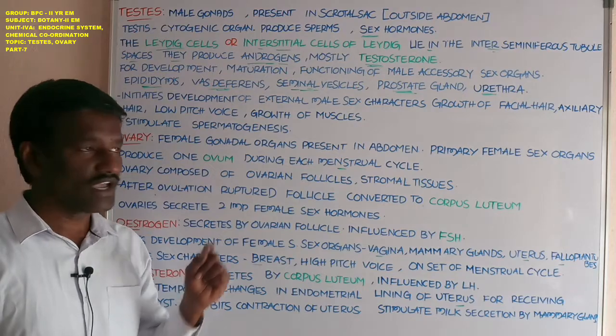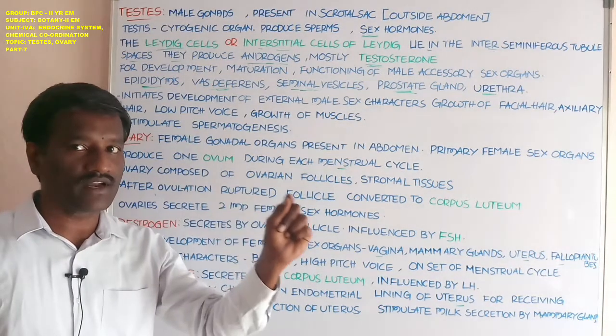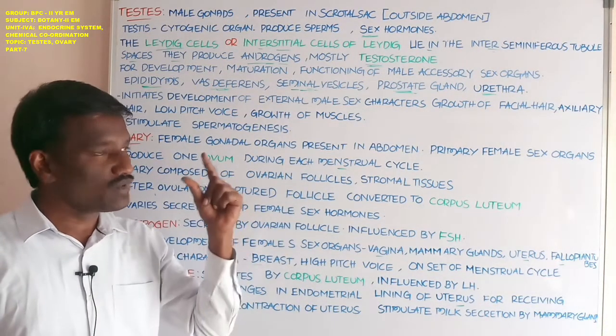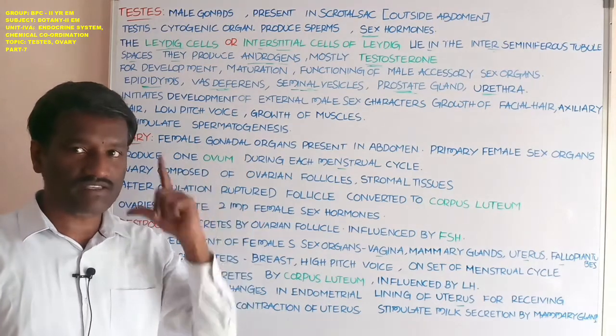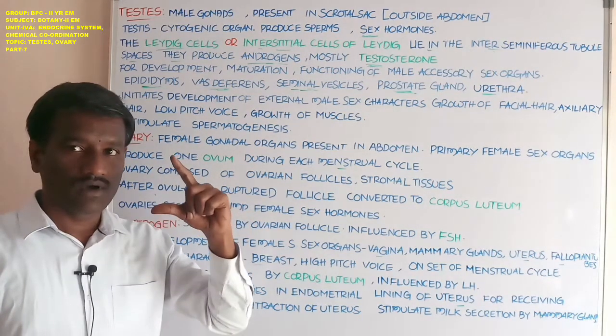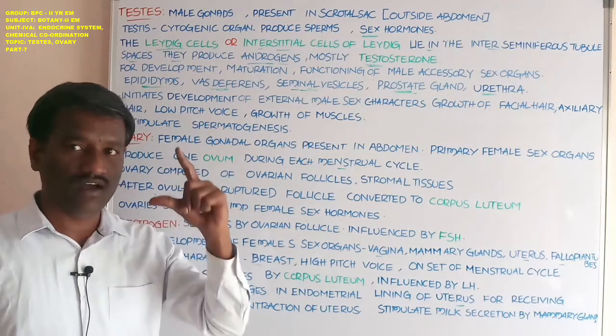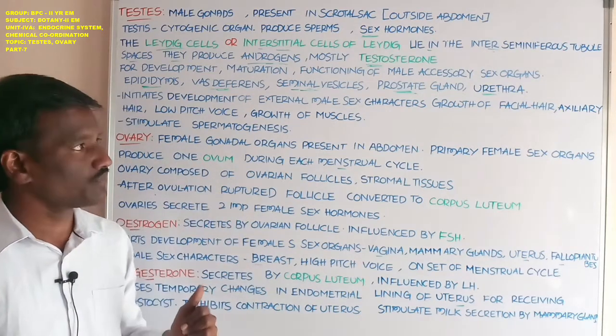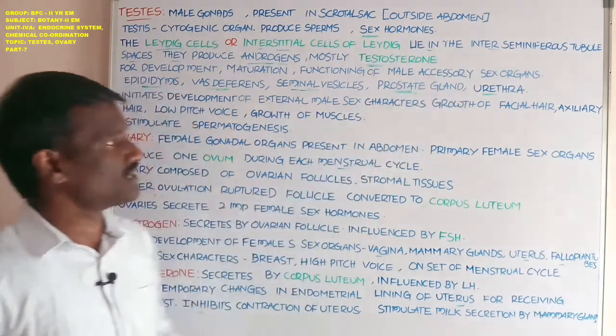The urethra is the common passage for the reproductive system and the urinary system.